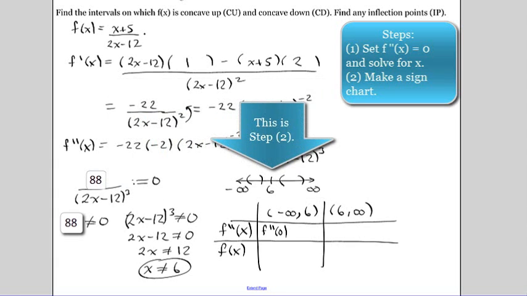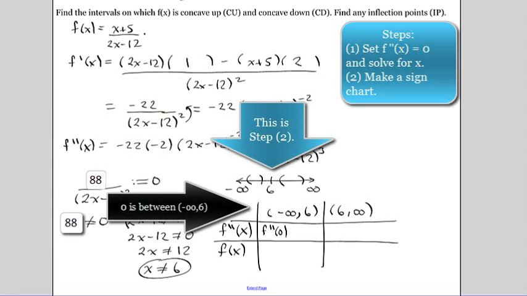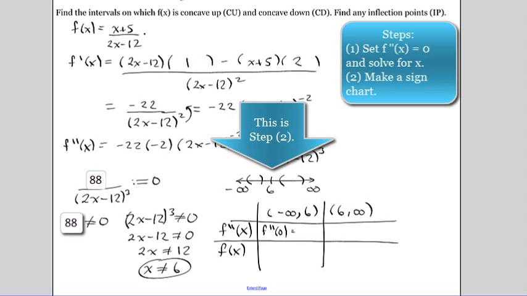So let's pick 0. 0 lies there. If we plug 0 into the second derivative, we get a negative number, which means that the original function, f of x, is concave down.